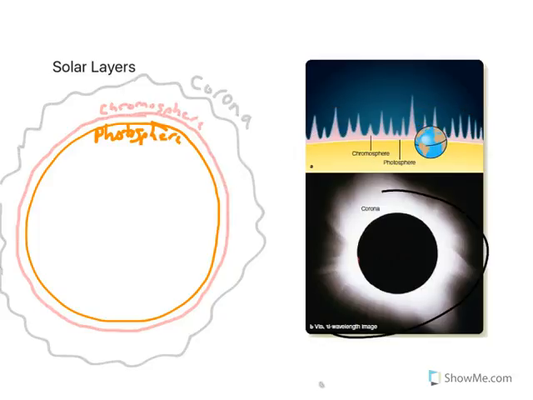Now, as shown in this image, the corona actually appears white here, but up in this portion of the cartoon, it appears blue.